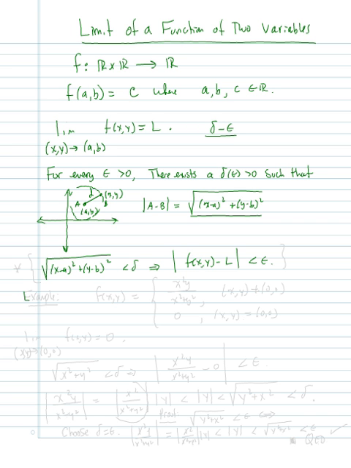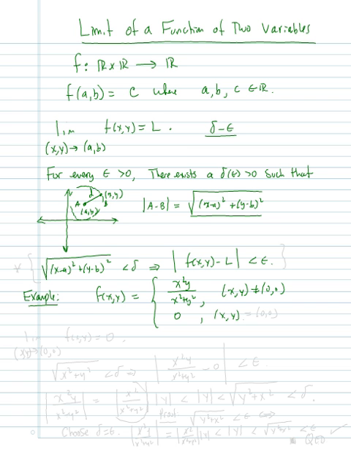So let's do an example in two variables. Let's say we have a function f of (x, y) defined as follows. It's x squared y over x squared plus y squared when (x, y) is not equal to (0, 0), the origin, and it's defined to be 0 at the origin.